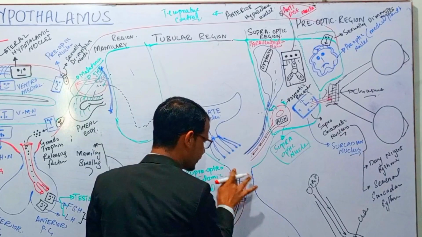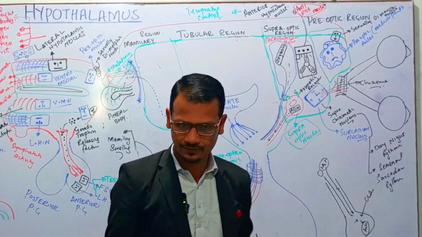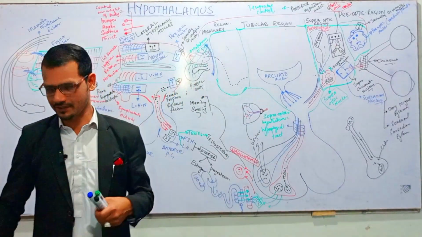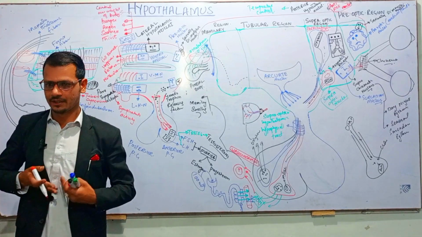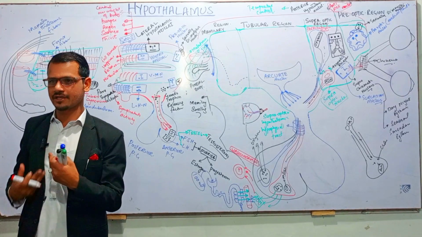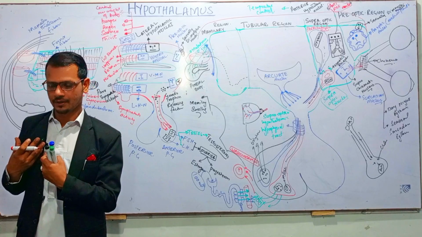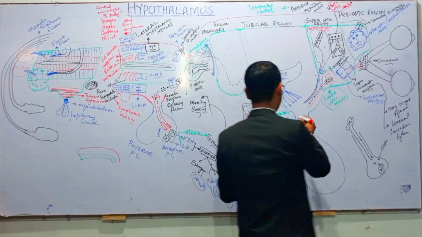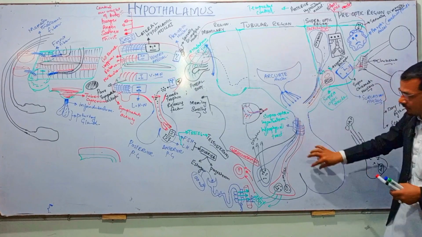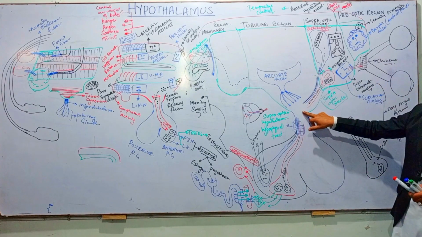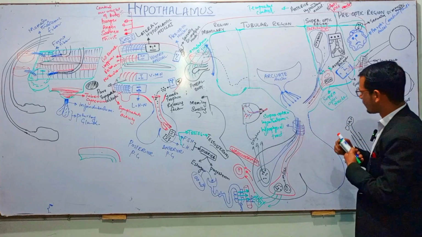we have two portal systems in body. One is the hepatic portal system, which takes the blood from intestine, stomach, etc., and transmits it into liver. And the second portal system is here, which is called tubulo-hypophyseal portal system, right? Here we have blood supply.